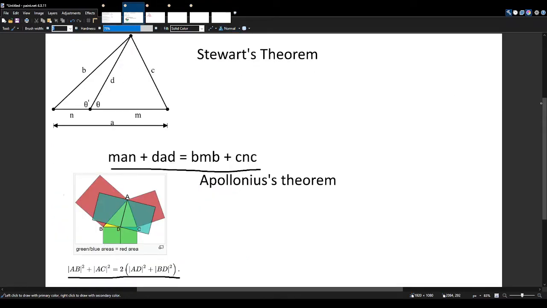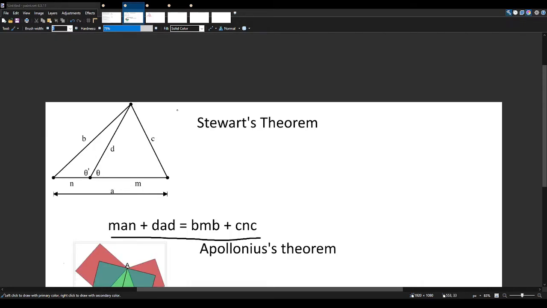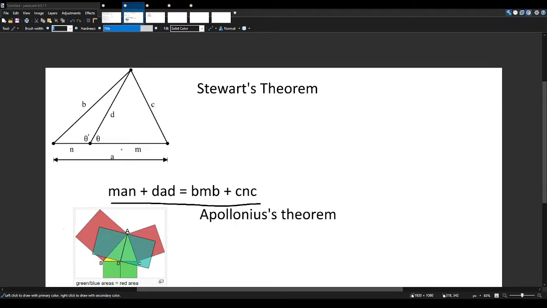So Stewart's theorem is basically a theorem involving a Cevian and triangles. A Cevian is basically a line from the vertex of a triangle that touches the opposite side of the triangle. So there's a relation between the sides of the triangle and the Cevian. The Cevian is basically this line D over here.